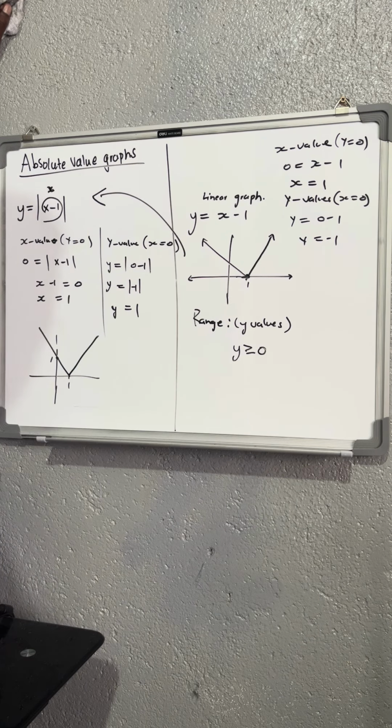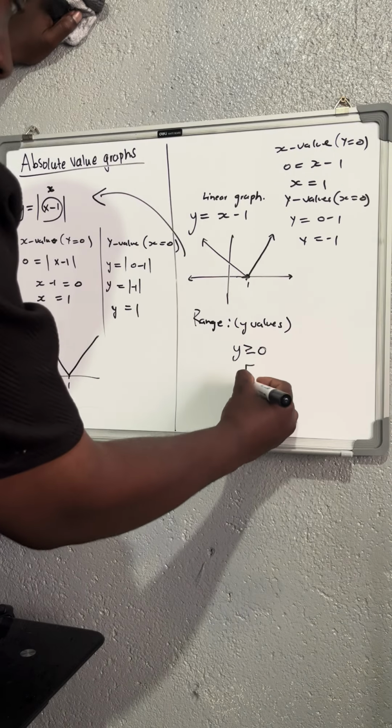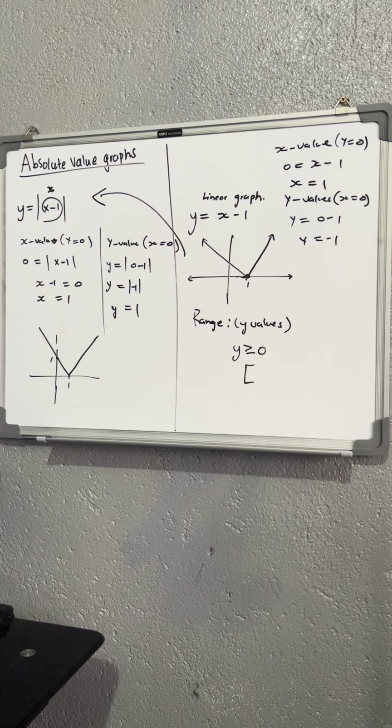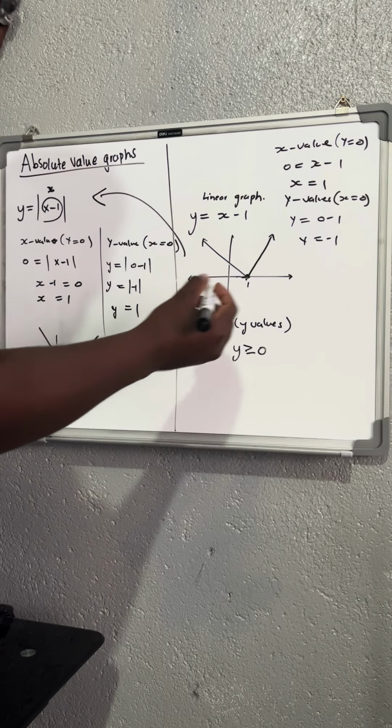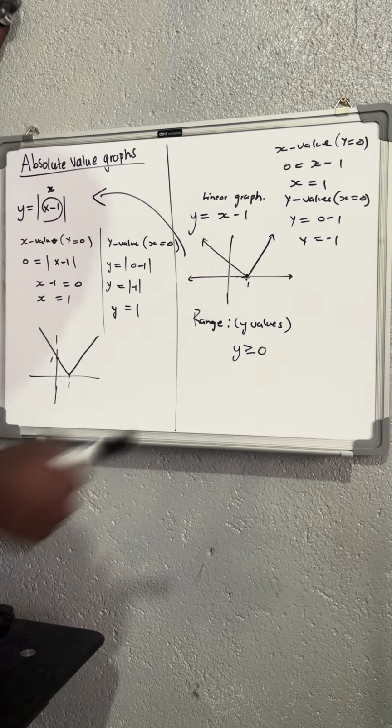Greater than or equal to 0 means 0 is included. It can be 0 going up, but that 0 is included. It's never anything below that 0. So that would be your range. It's anything starting from 0 going up.